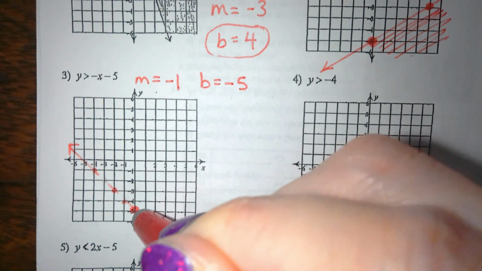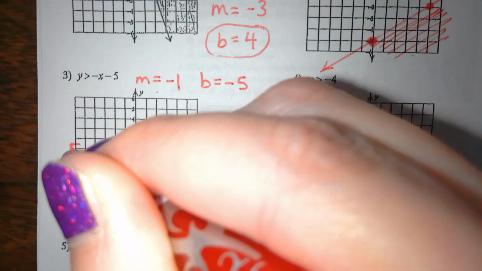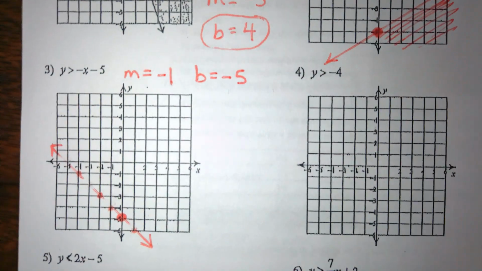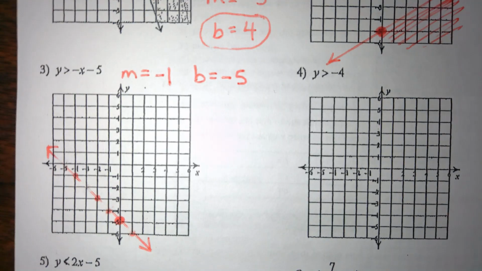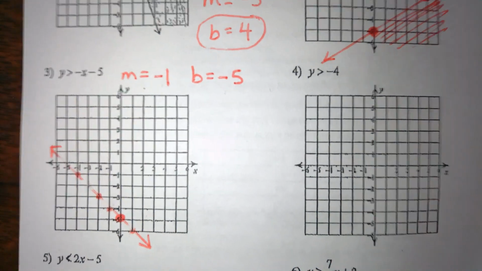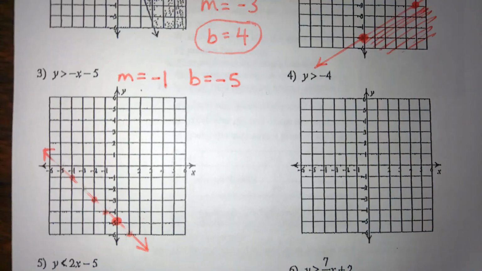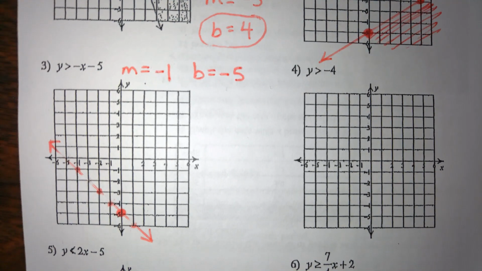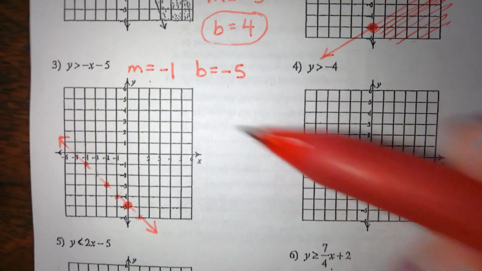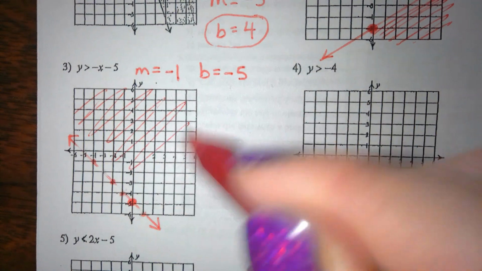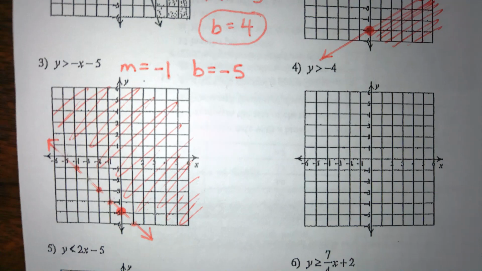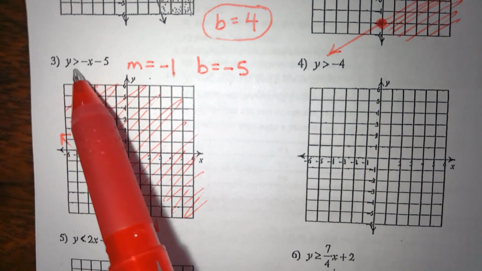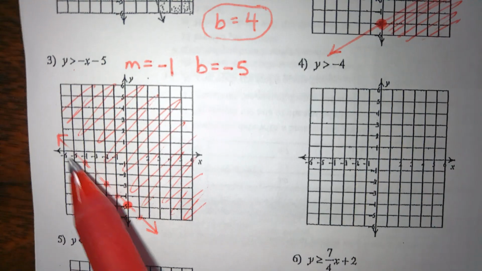Dotted line means I still draw the line, but it doesn't equal the values on that line. And should I shade in above or below? Y is greater than. Yep, above. So be careful with that. If it's just greater and not greater or equal to, we do a dotted line.